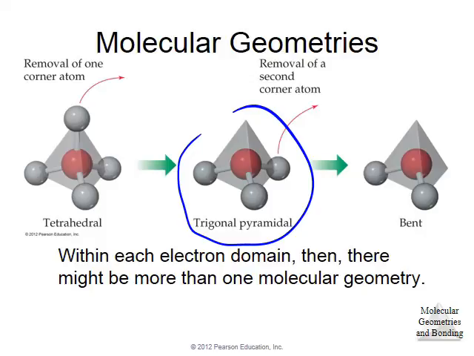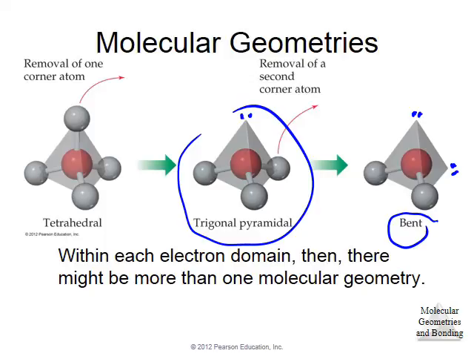I can also remove another atom leaving behind the electrons, so I would still have an electron pair here, another electron pair here. And if I take the picture of the molecule, it would not look like tetrahedral because 2 objects are gone from 2 corners of a tetrahedron. So it would be nonlinear or bent. So make sure you know these names, even though you still have 4 pairs of electrons. Looking at the middle structure, again you have the pairs of electrons there, but nothing is bonded there.